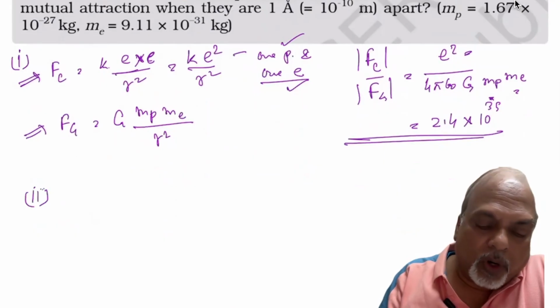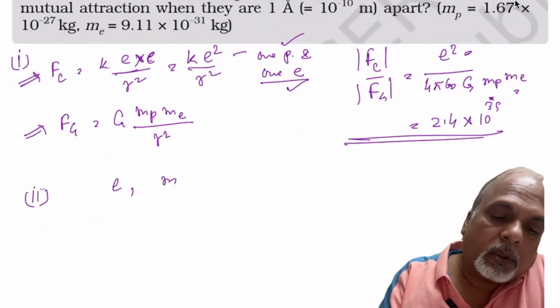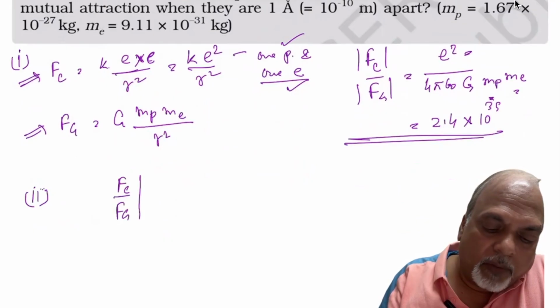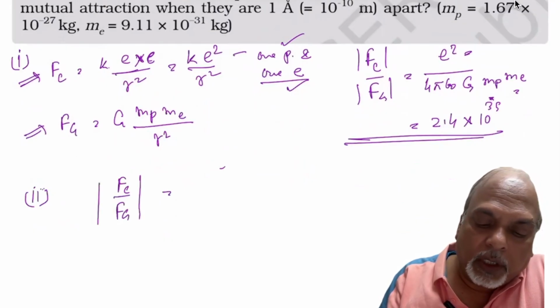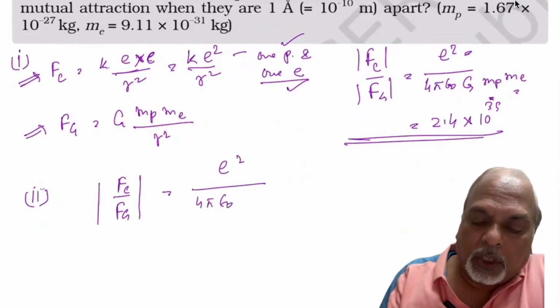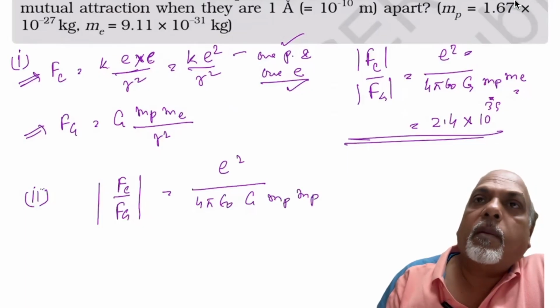For two protons, e will be the same, but here, of course, we can write Fc upon Fg as nothing but e square upon 4 pi epsilon 0, then G Mp into Mp, correct?